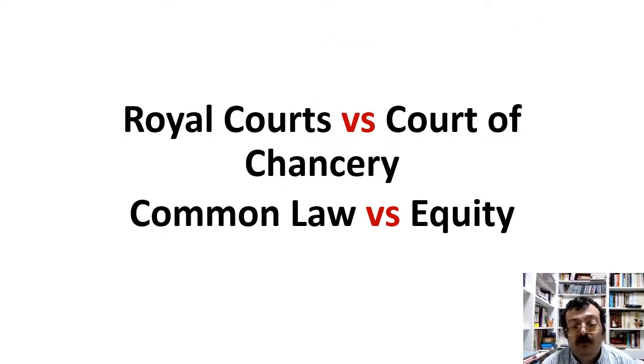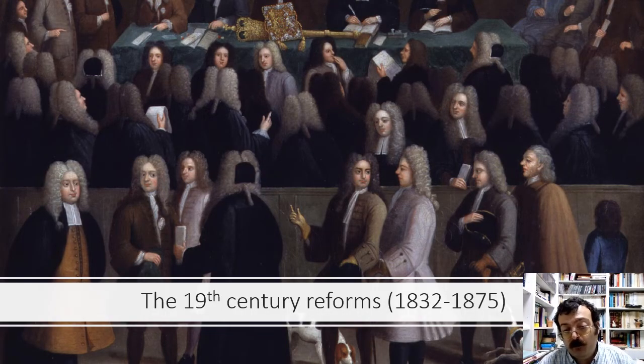The development of equity and the development of the court of chancery as an alternative to the royal courts created a certain competition between both courts. But the first reform at the beginning of the 17th century, and then especially the 19th century reforms, tried to find a solution, because in the 19th century reforms, they merged both the royal courts and the court of chancery. So they merged these two courts, and all courts could apply either common law or equity. How do we know which law to apply to a certain case, whether equity or common law?